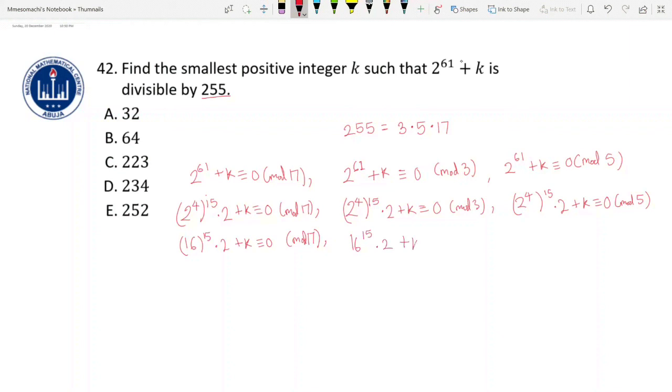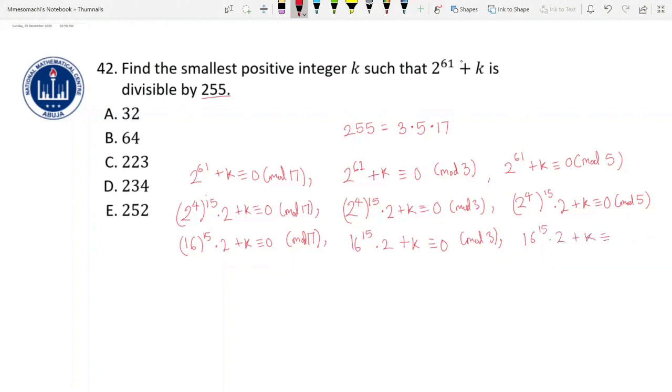And there are a lot of ways of solving this, manipulating these modular equations. It just depends on the one that's most convenient for you, the one that has to do with the least computation.